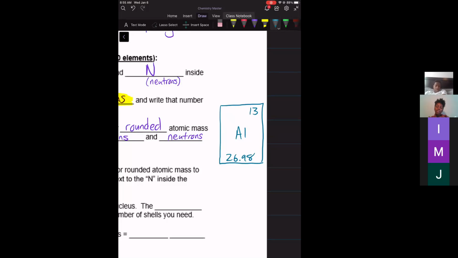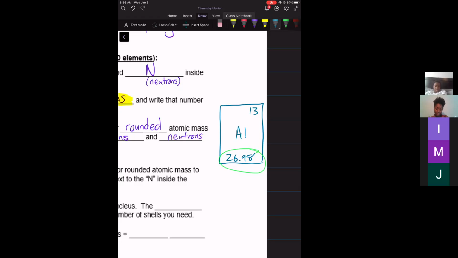So if I say aluminum 30, then you would use the 30, because that number tells you protons and neutrons. If I don't tell you aluminum 30, if I just say aluminum, we're going to use this number right here and we have to round it correctly to a whole number. So if I round this correctly to a whole number, what would it be, 26 or 27? 27.